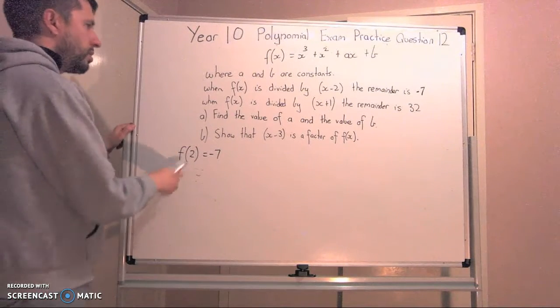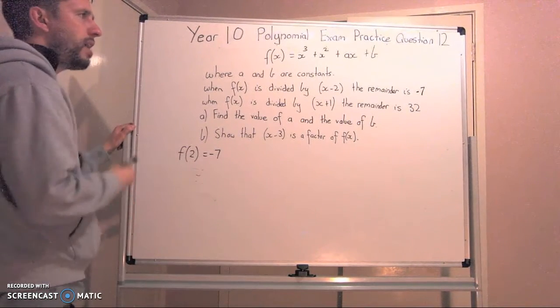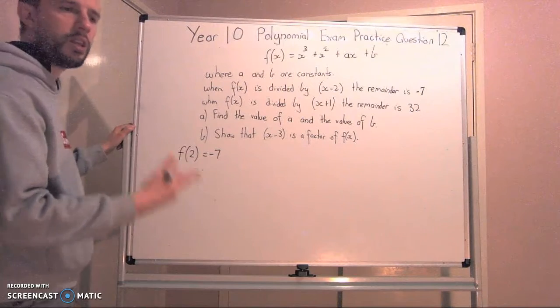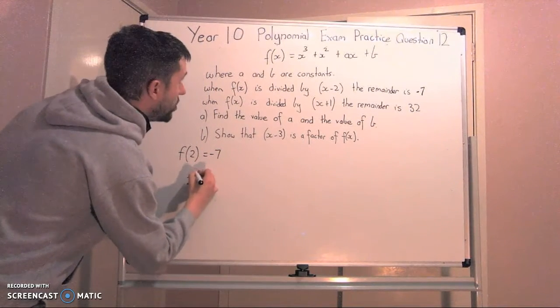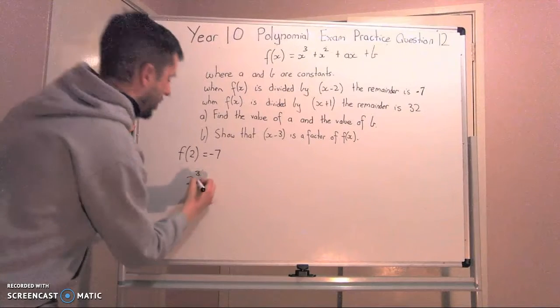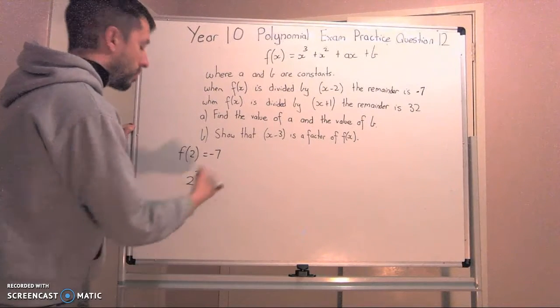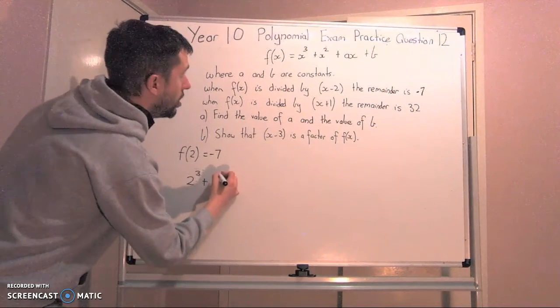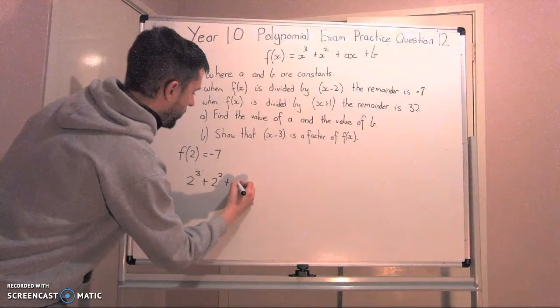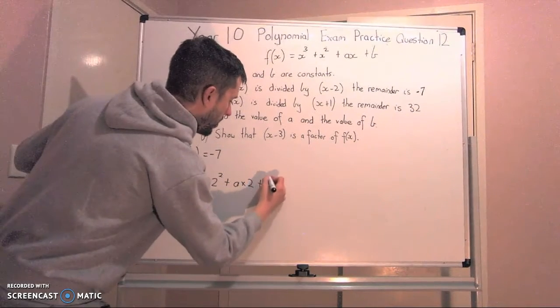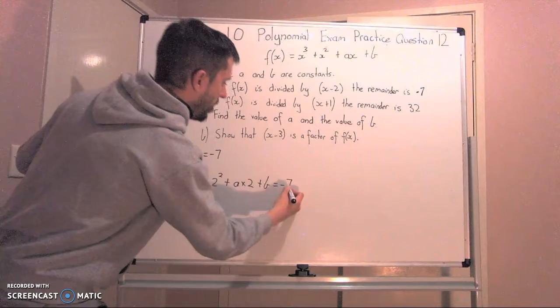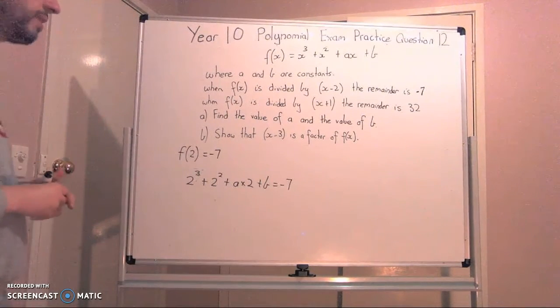So I'm just going to evaluate, and whenever I've got an x, I'm going to put in x of 2. So 2 to the power of 3, I've got a plus x squared, so 2 squared plus a times x of 2 plus b. And I know that is going to equal negative 7.